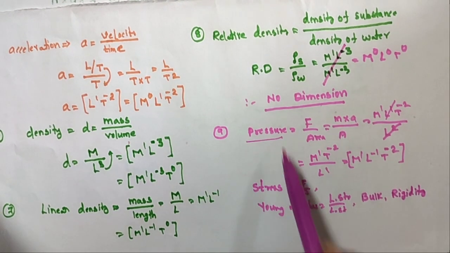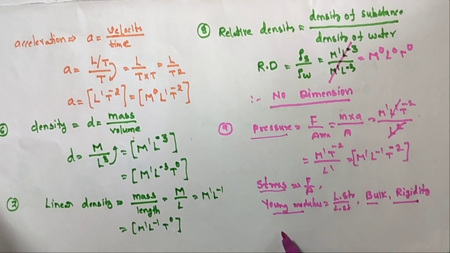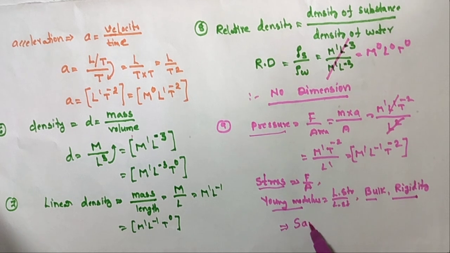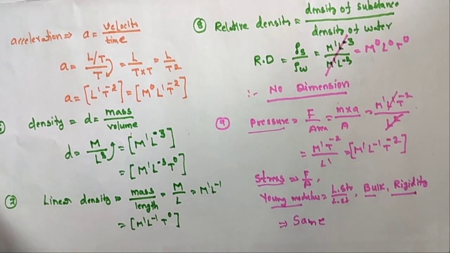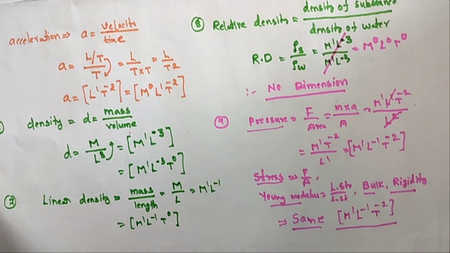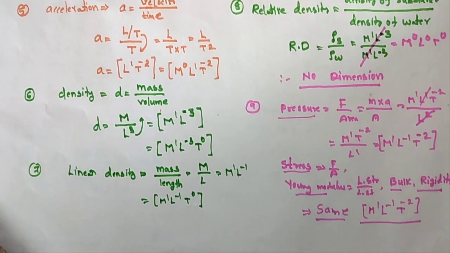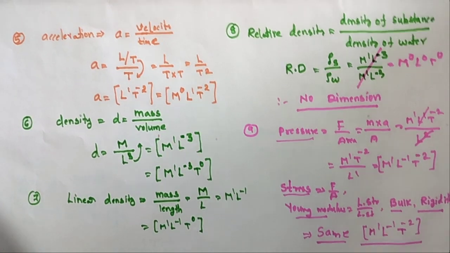So pressure, stress, Young modulus, bulk modulus, rigidity modulus, all have the same dimensional formula, that is M1 L power minus 1 t power minus 2. So these are some important dimensional formulas.